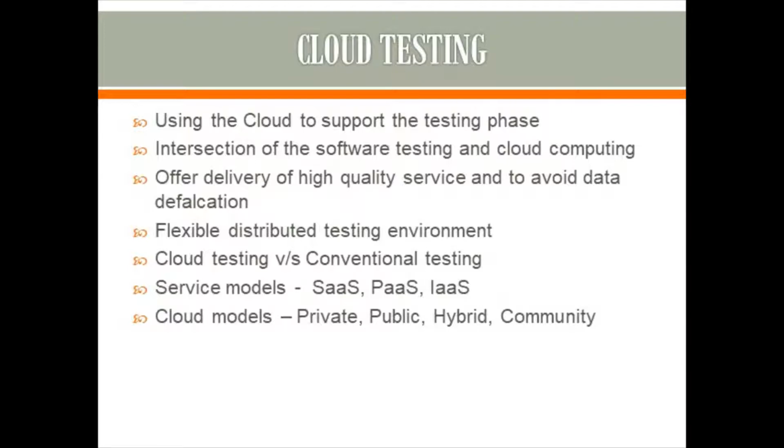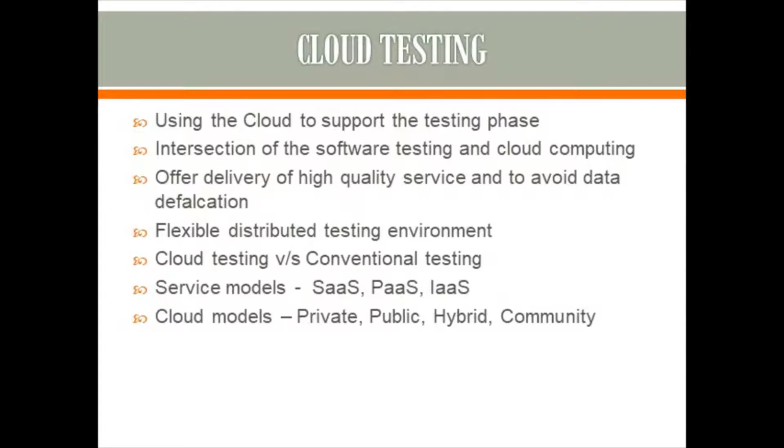And the third one is infrastructure as a service. This is provided to the consumer so that they can have all the computing resources and infrastructure, which may include network, database, storage, or processing computers, so they can deploy and run their application.